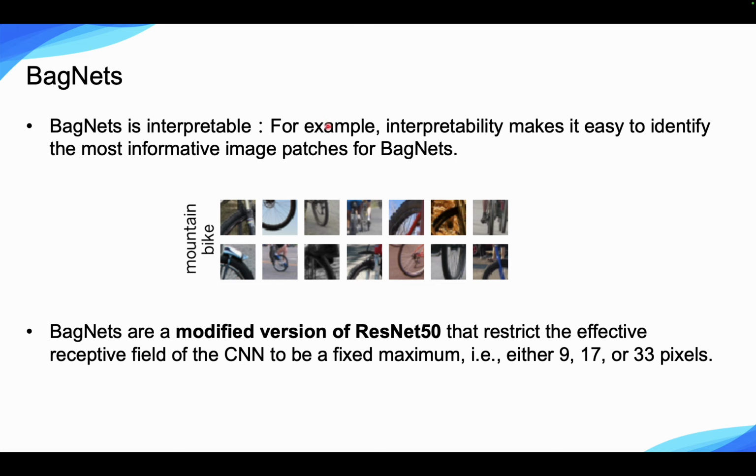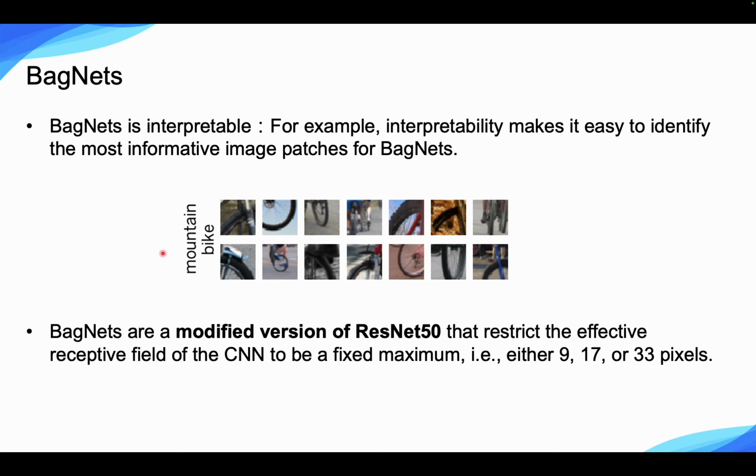So here are some properties of BagNet. BagNet is interpretable. For example, it is very easy to identify the most informative image patch for BagNet. We can see the most important position using a heat map.